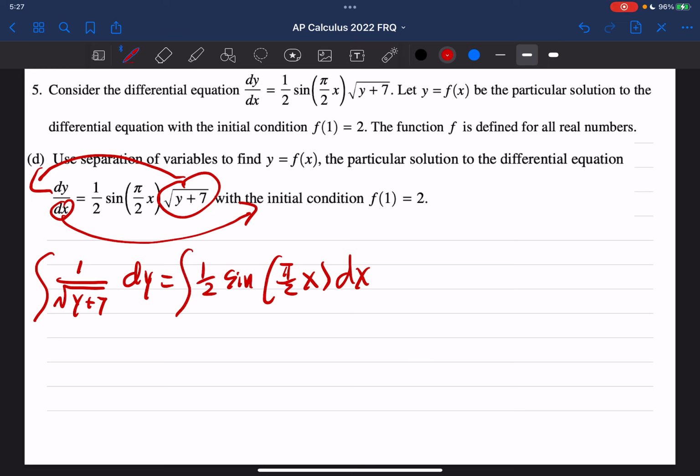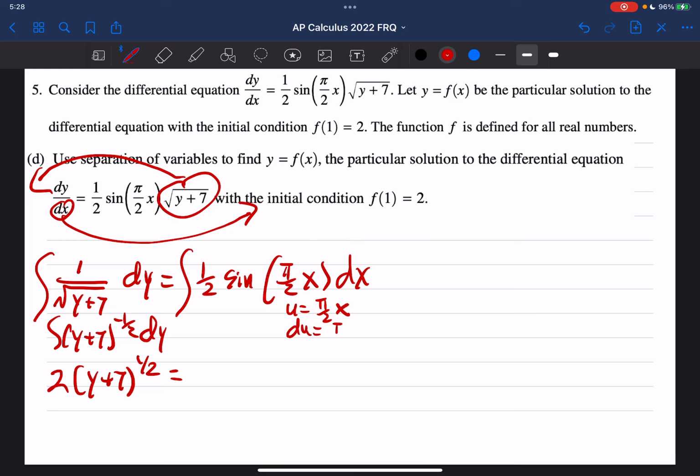Then we integrate. The left side is the same as y plus 7 to the negative 1/2. So this becomes y plus 7 to the 1/2, but we have to have a 2 out front. The right side needs a little bit of u substitution, where u equals pi over 2 x, so du equals pi over 2 dx.